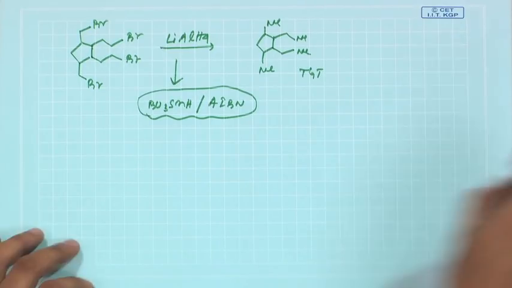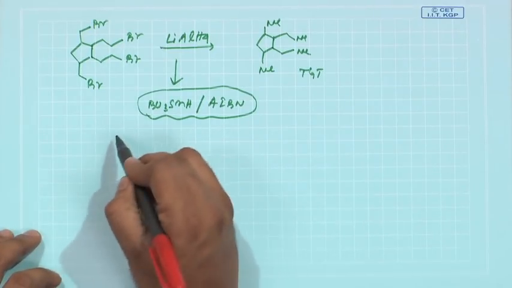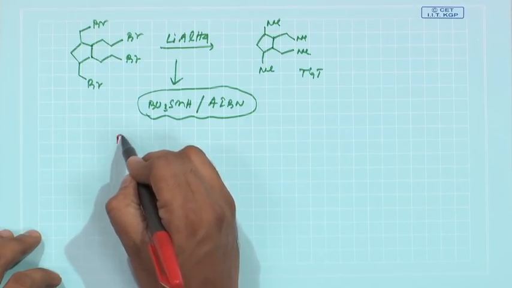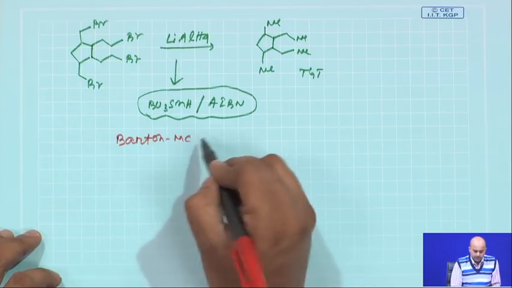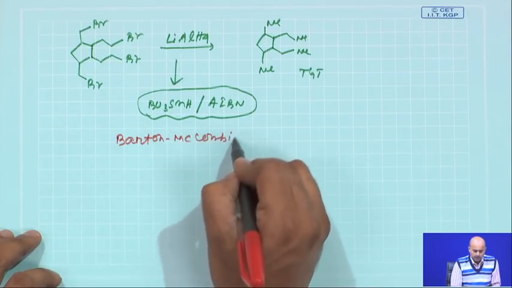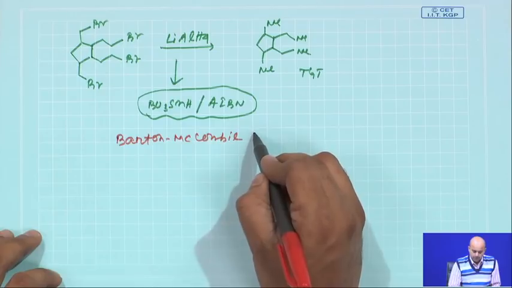Now, next based on the redundant functionality, we will explain a name reaction which is now very popular. The name reaction is named the Barton-McCombie deoxygenation or Barton-McCombie reaction.